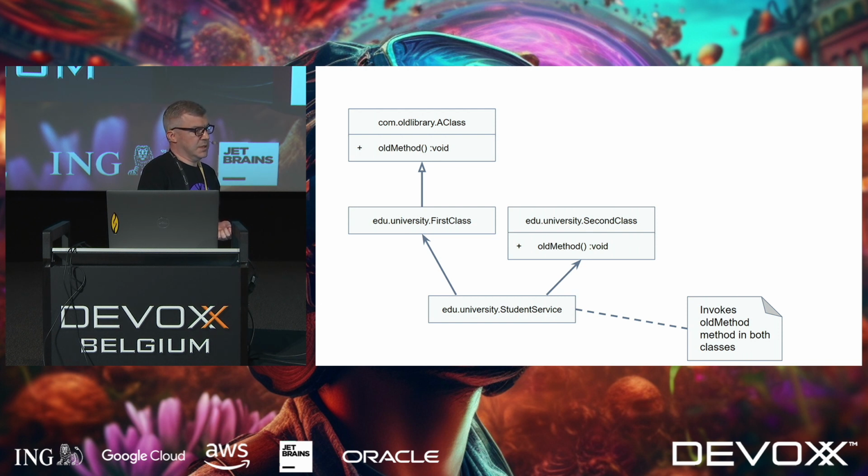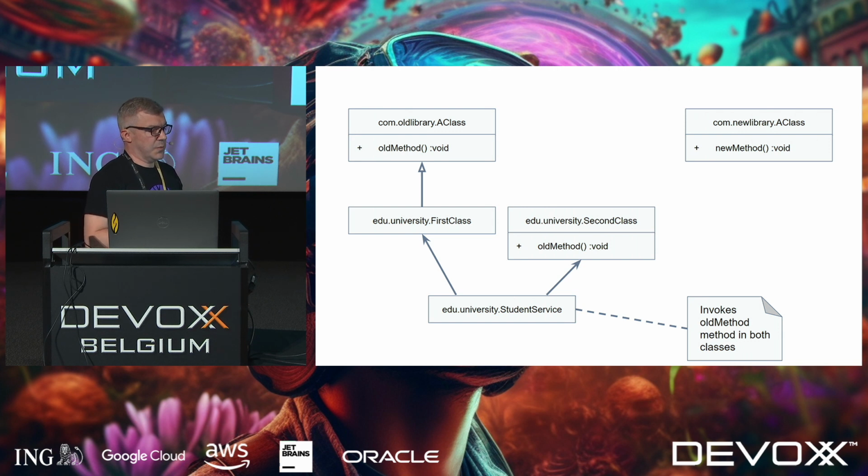But the first class is getting its definition of old method inherited from an old library. So we have an old library, A class, and the A class has an old method. And we have a different method in second class that is not related to the old library at all. What we want to do is help this university migrate from old library to new library, and part of the new library is that instead of old method, it has a new method.